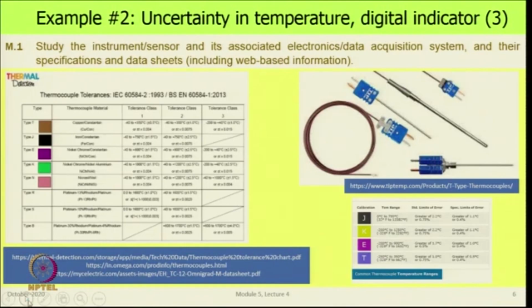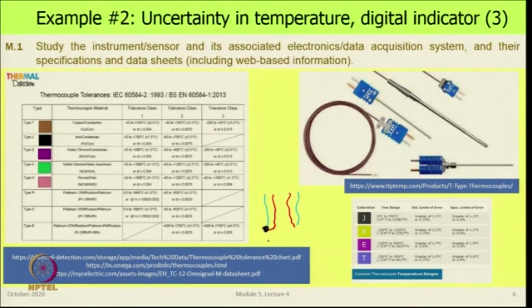Now, let us look at thermocouples. The principle of a thermocouple is that we take two different types of wires and fuse them at one end to make what is called a bead.